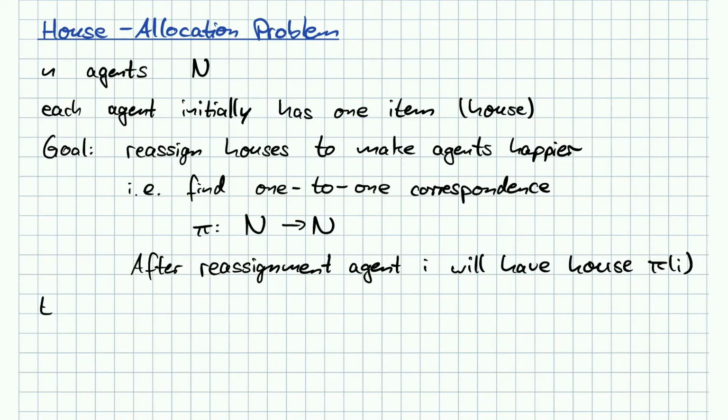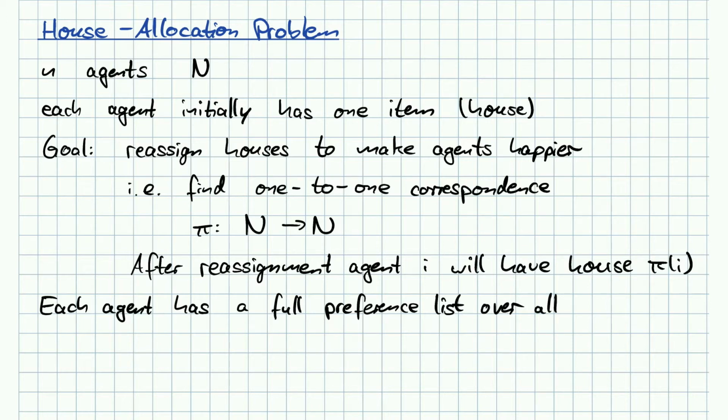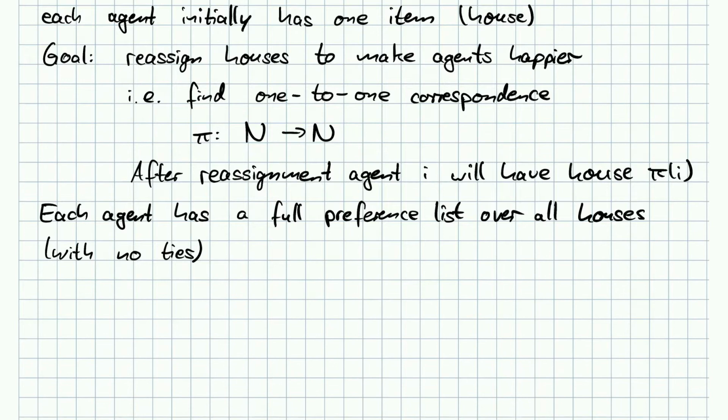So each agent has a full preference list over all houses with no ties. Let's see what this may look like.